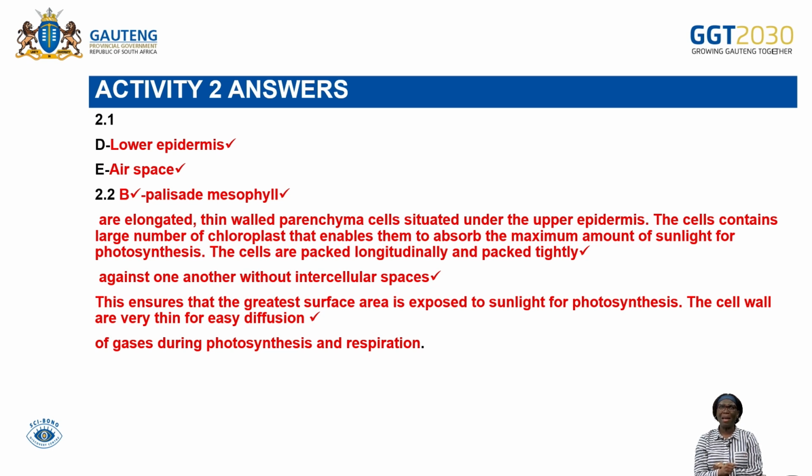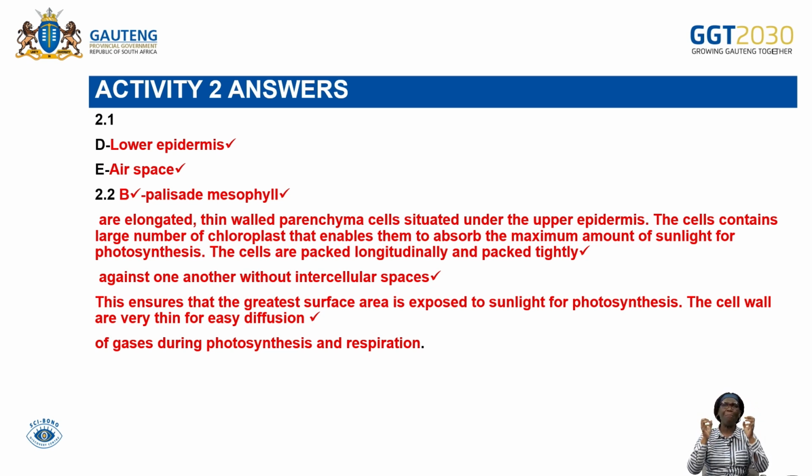within the thin parenchyma cells under the upper epidermis. I'm happy that you have mentioned that the cells are elongated. The parenchyma cell has thin walls to allow light to pass through the upper epidermis. And you said it very well that it contains a large number of chloroplasts.